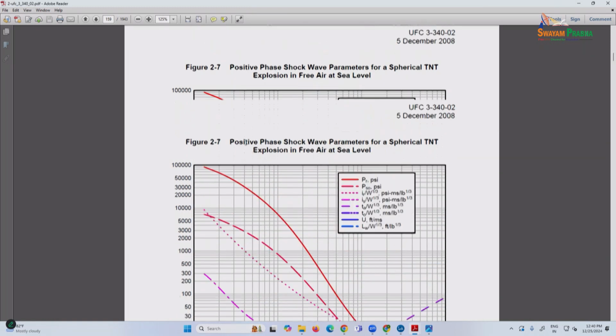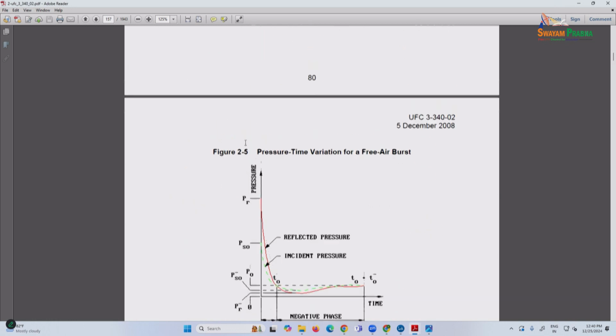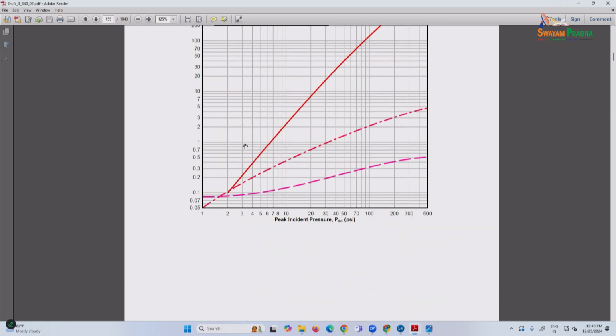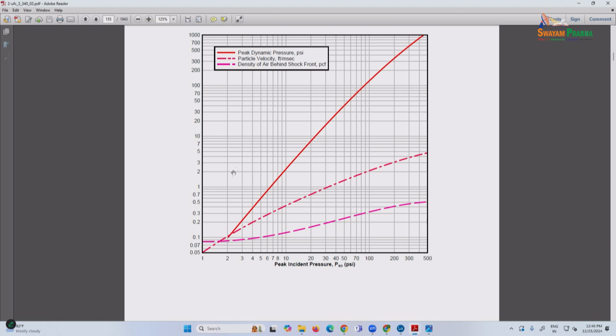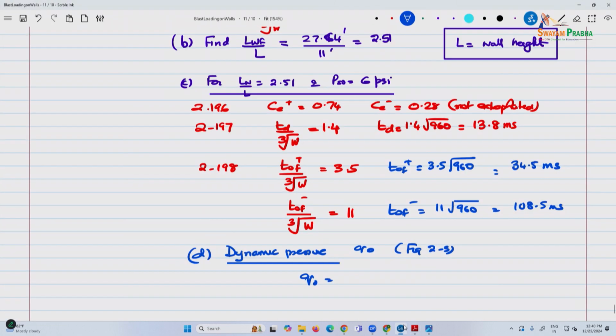So this is based on an incident pressure, was how much? 6. So 6 right here, and we get this to be about 1.7 plus 0.7. It's divided into 3 parts. So roughly, let's say 0.75 maybe. So this is 0.75 psi.